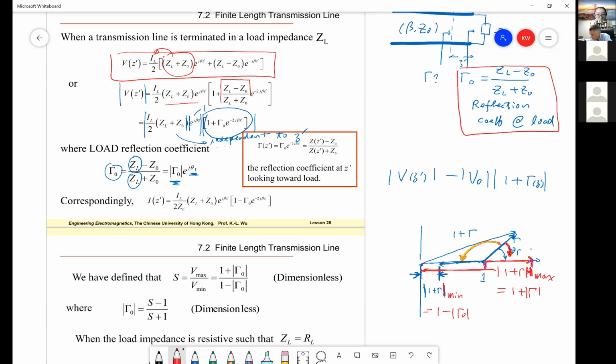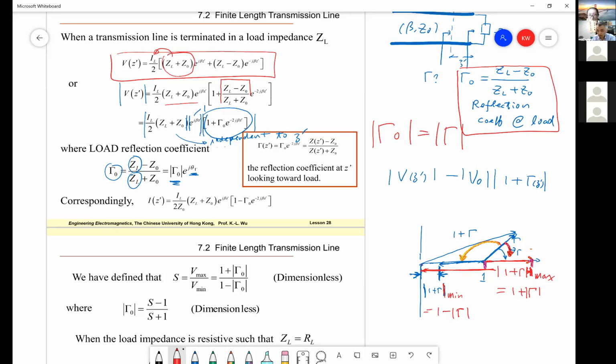Gamma, okay. You see, because gamma 0 equals gamma, right? Okay, gamma 0 equals gamma.